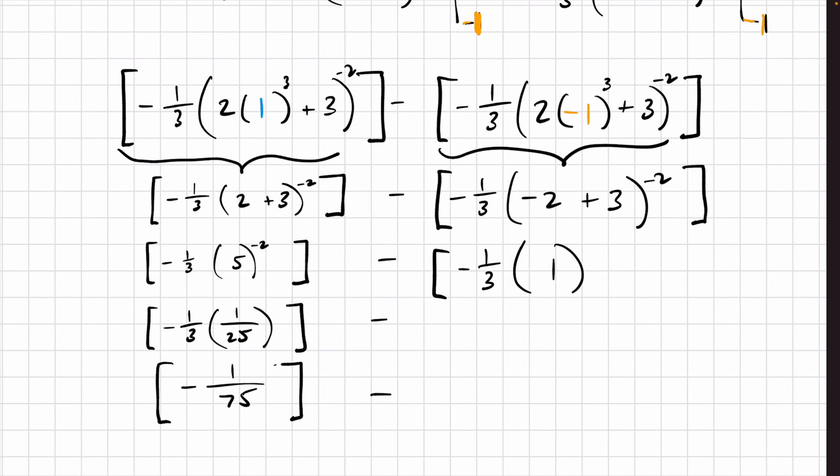Let's see, 1 to the negative 2 power. Correct me if I'm wrong, that's just one. So you get negative 1/3, flip 1, and square it. What do you get? 1 times negative 1/3 is negative 1/3.